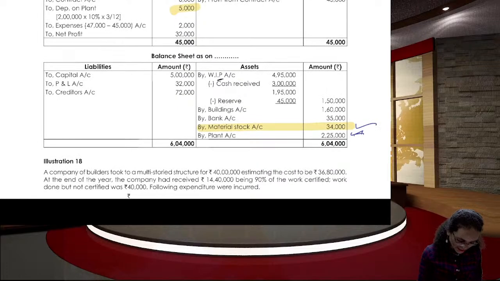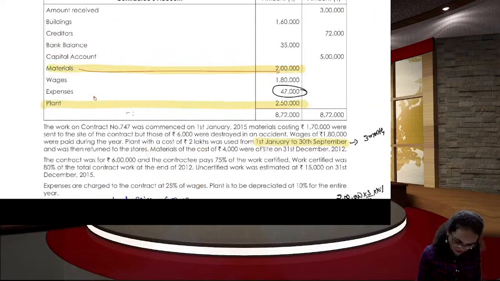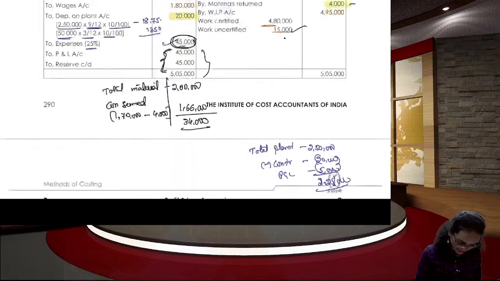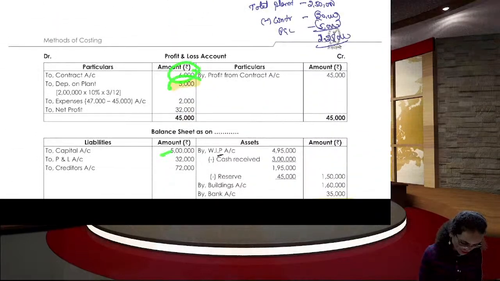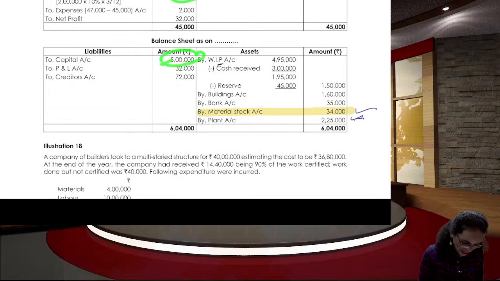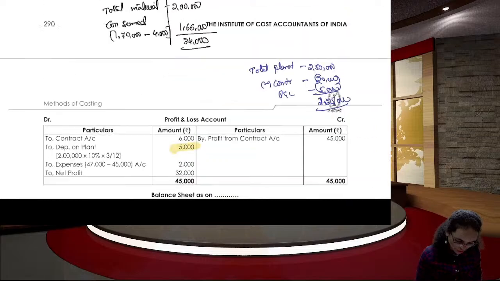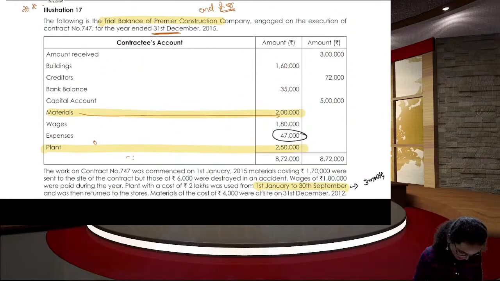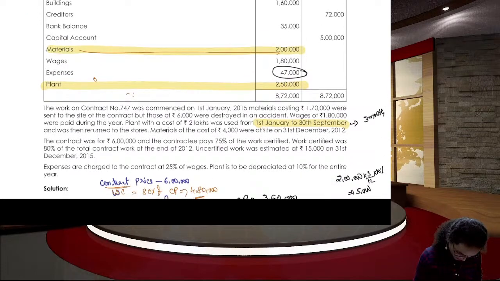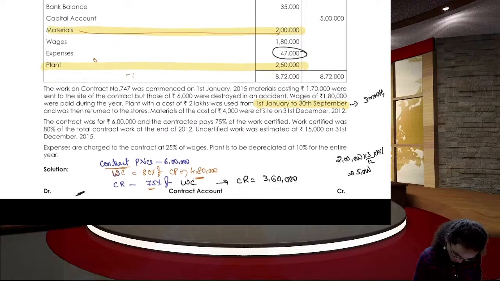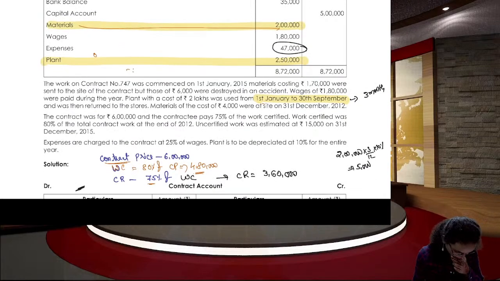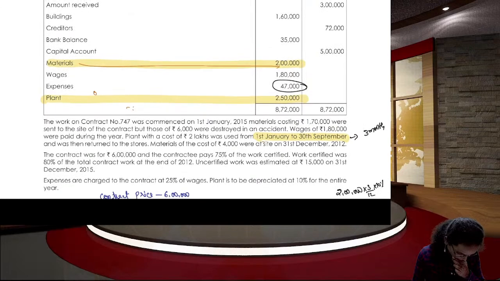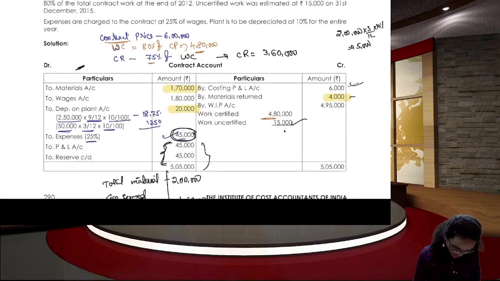Next, come to this side. What is the capital? Capital given in the question is 5 lakhs rupees. And P&L 32,000. What is the 32,000? Somewhere it is given as P&L 32,000. Okay, not an issue, I'll tell you.